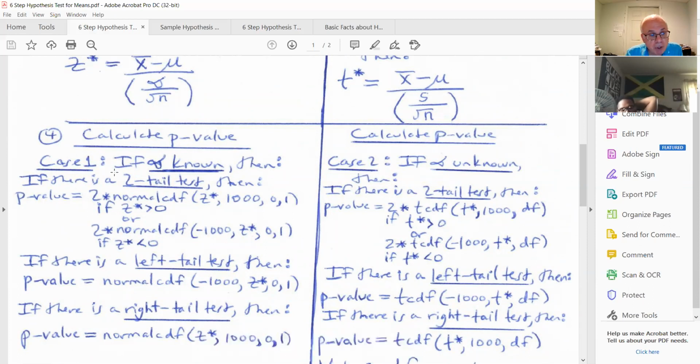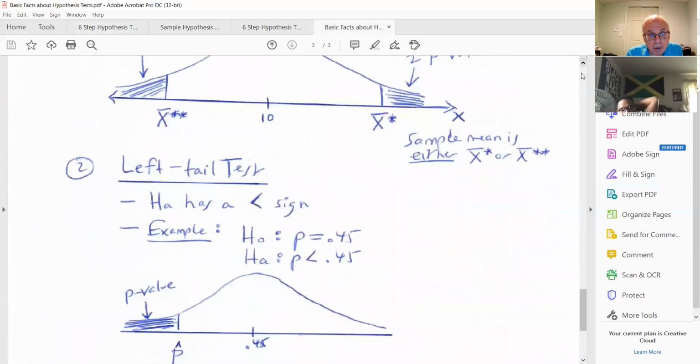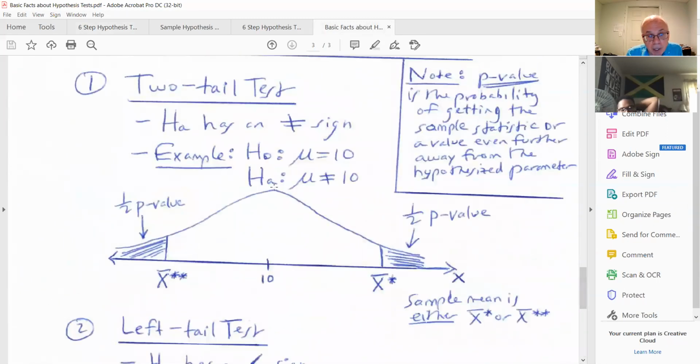Then, if we're doing a two-tailed test, remember what a two-tailed test is. Let's go back to this one right here. A two-tailed test is when the alternative hypothesis says not equal to.